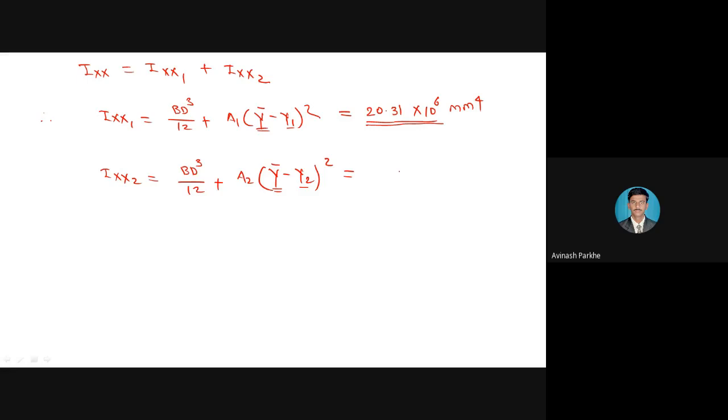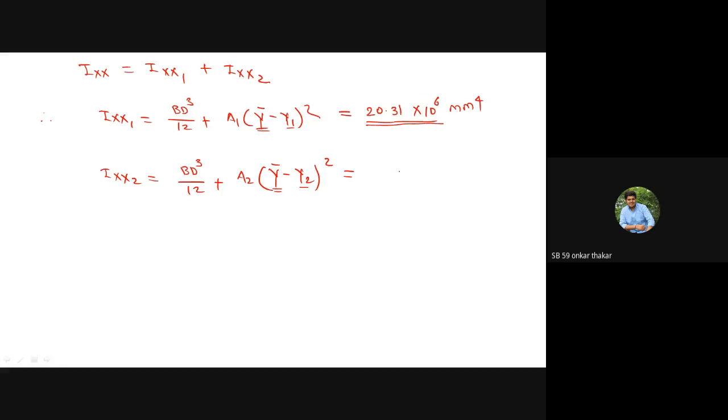Y bar minus Y2 bracket square is there. Therefore, don't forget to take the square of that particular bracket. 89.06 into 10 raised to 6. How much? 89.06 into 10 raised to 6, Ixx2.